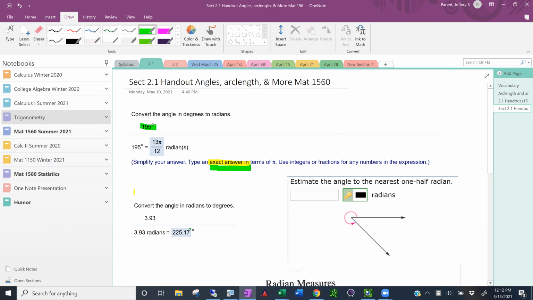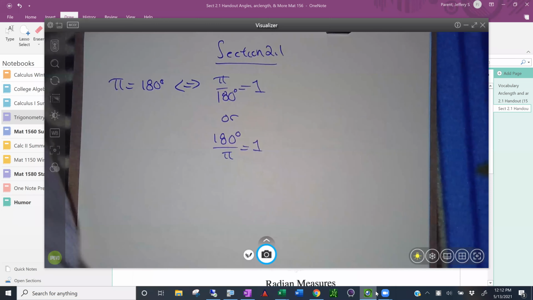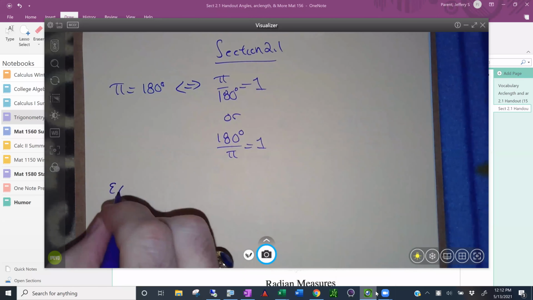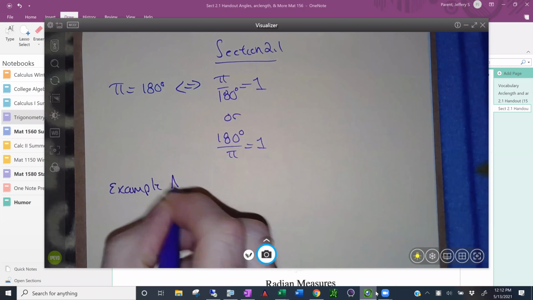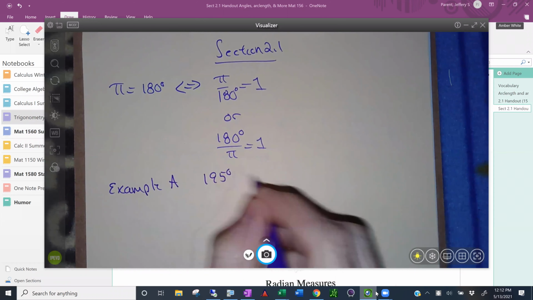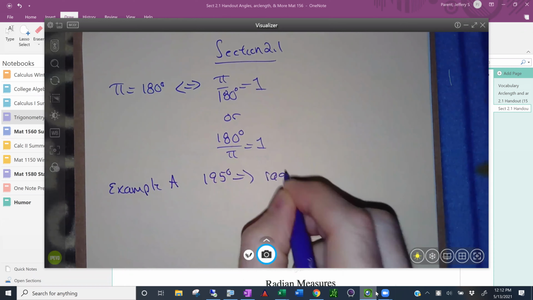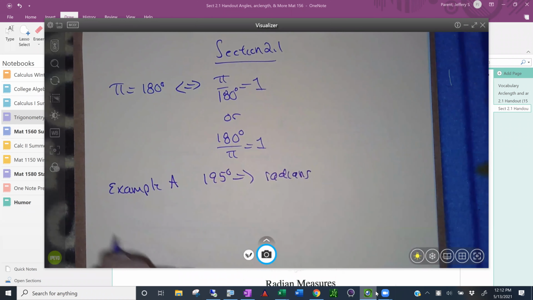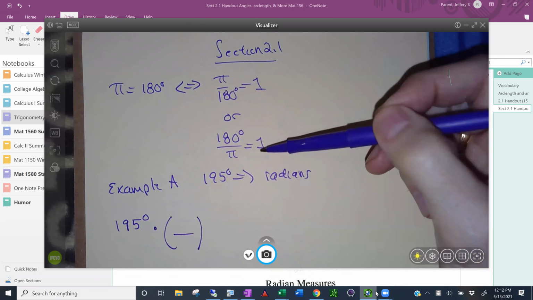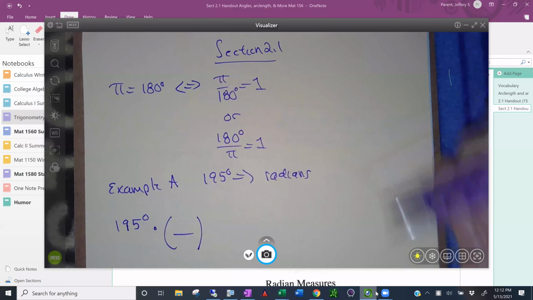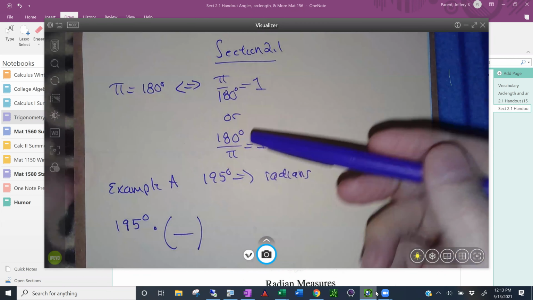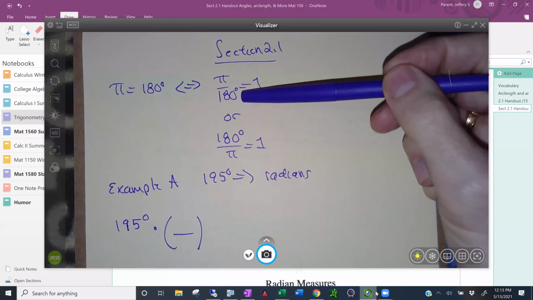So I've got 195 degrees, and I want to convert that to radians. The trick is we're going to multiply by 1. You've got to choose one of these two forms, but you want to cancel out units of degrees and end up with radians. So the units that you want to cancel have to go in the denominator.